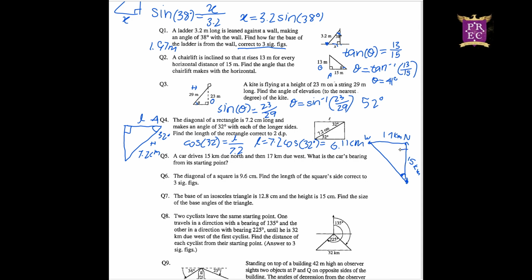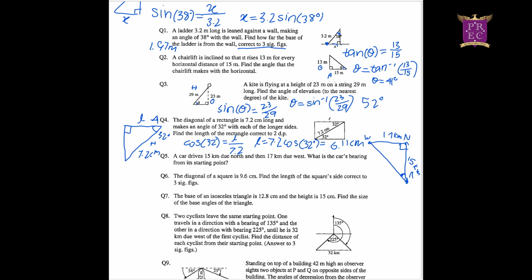So what information do we already have? We know that when going north and turning west, it makes a 90-degree angle, so we can put a right angle over there. And we've got the reference angle here, but we don't know what it is. So we already have adjacent, because the right angle and the reference angle are on the same side.